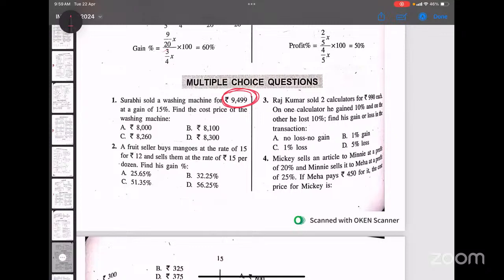What will be the cost price? So I think the cost price will be, if you exclude the 15% out of the equation, you will get the cost price. Am I right?